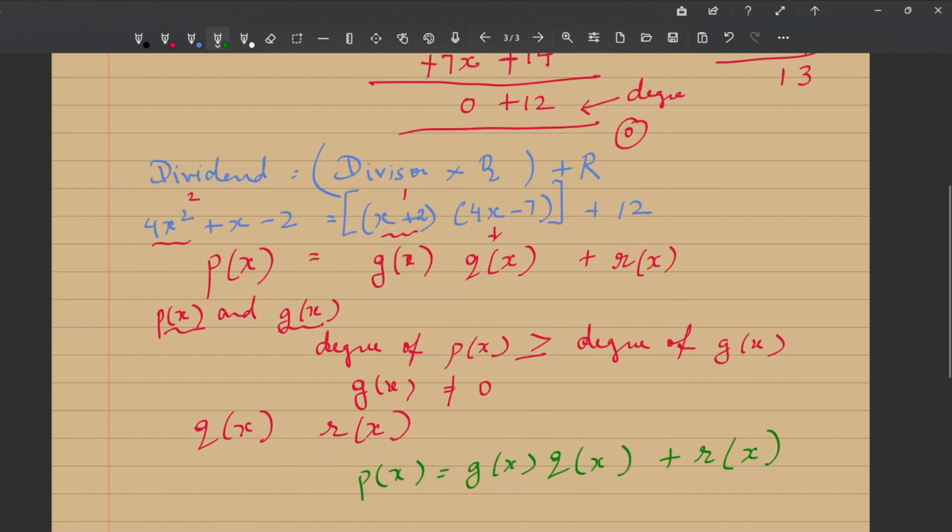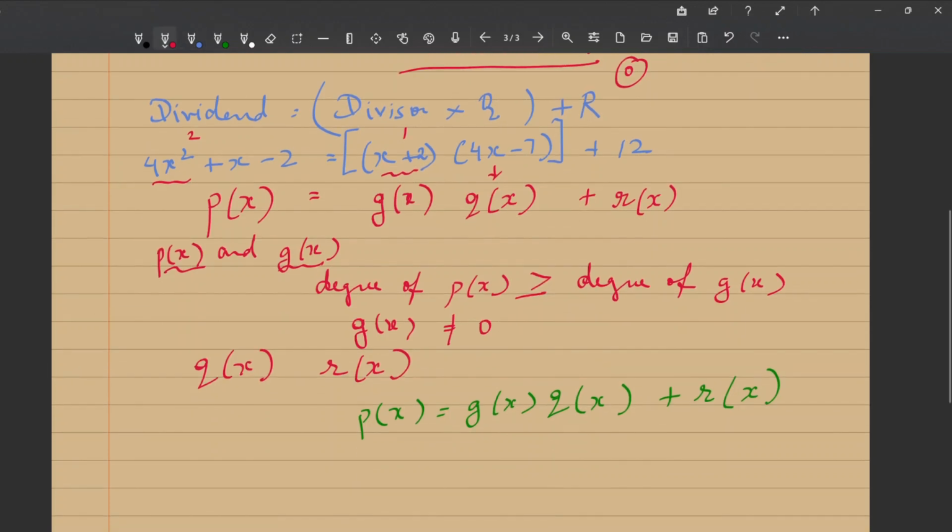So, here also we have some conditions. Write these conditions down. You get a remainder in such a way that either the remainder would be equal to a 0 polynomial, by 0 I mean it would be a 0 polynomial, or the degree of the remainder would be lesser than the degree of the divisor.